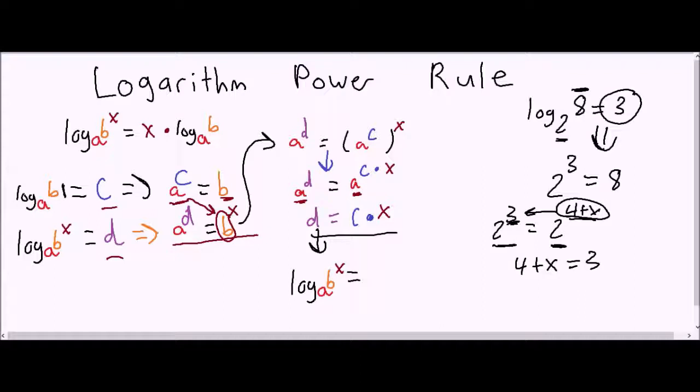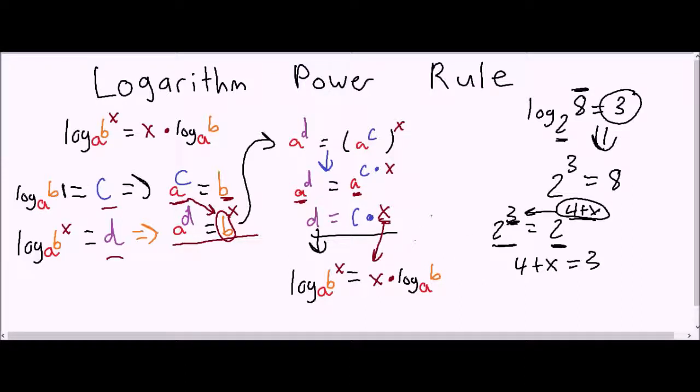Well, c is equal to log base a of b. And then we have an x left over. This x just comes down right over here. So in the end, because d is equal to c times x, log base a of b to the x is equal to x times log base a of b.